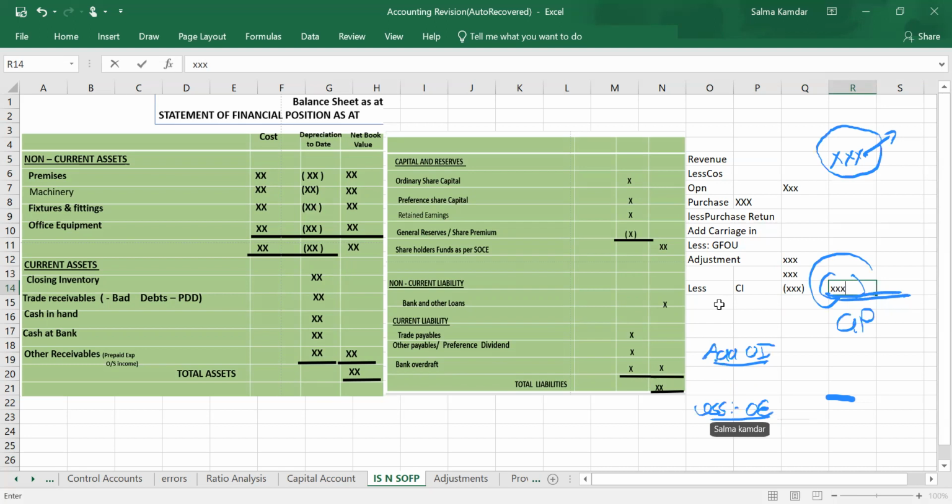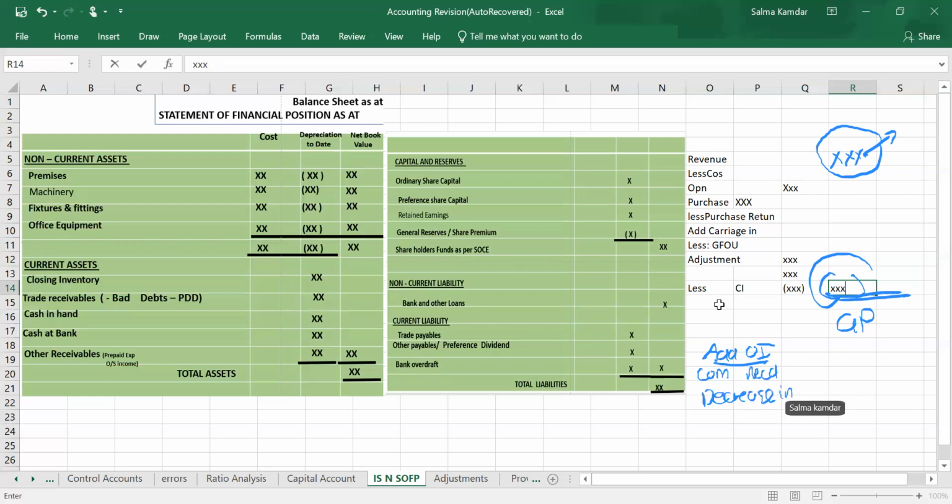Can you tell me what other income you add? Commission receivable, rent receivable, something unusual. Commission received. A decrease in the provision for doubtful debts is also put here.